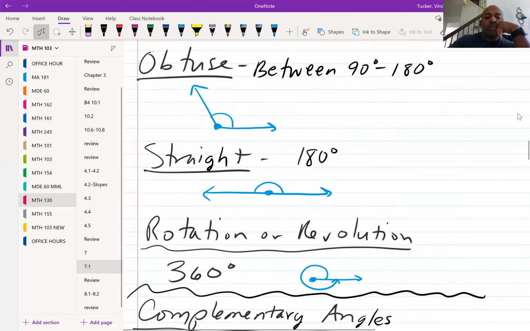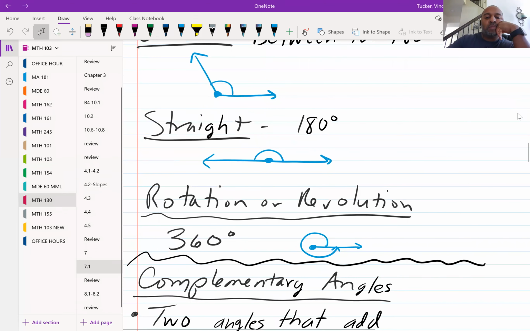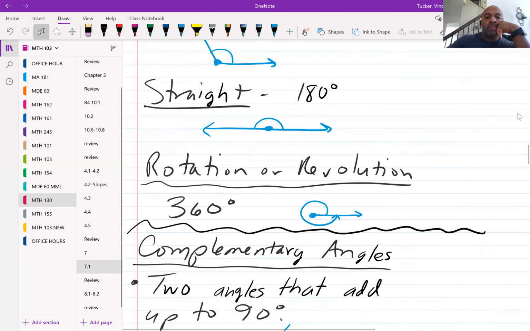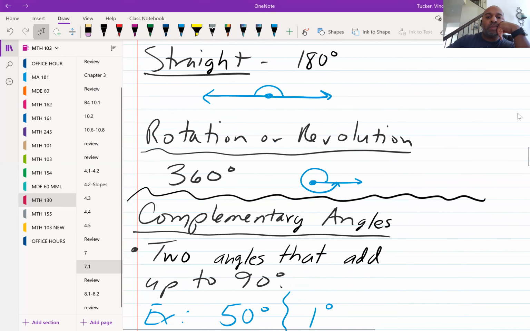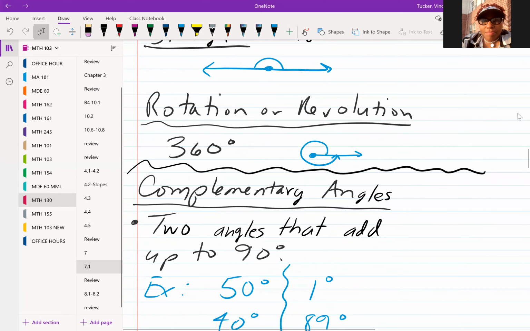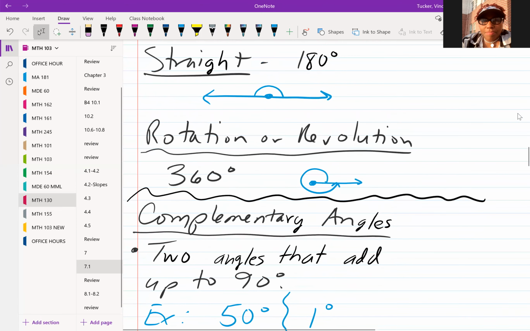All right, scrolling up some. Of course, if I go up too far, let me know. One more question, Professor. Now, where the point meets on the straight line, that wouldn't be considered a vertex, right, because that's not two separate lines? No, that's your vertex. It's the same thing.